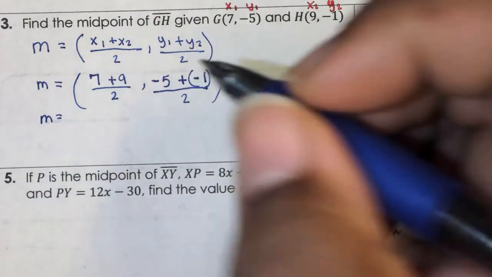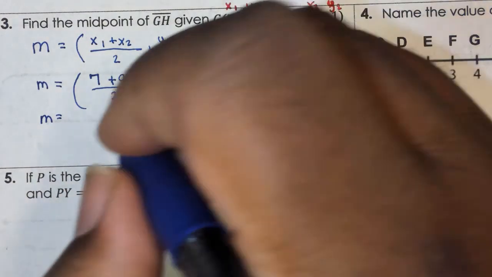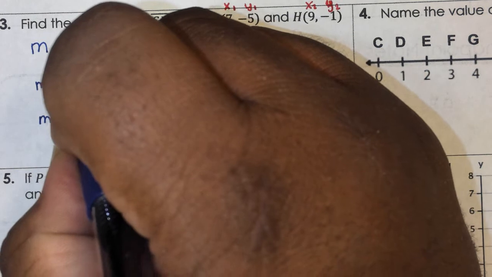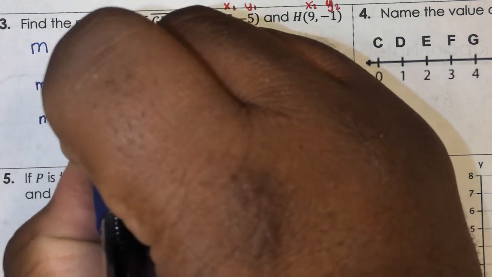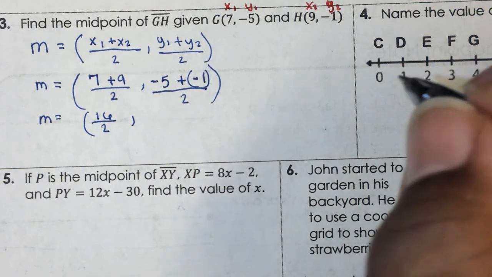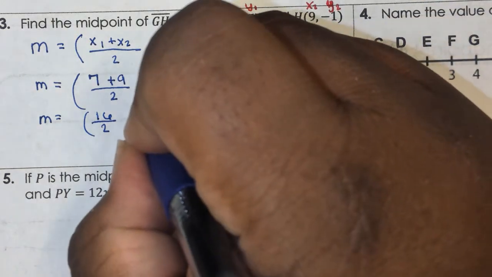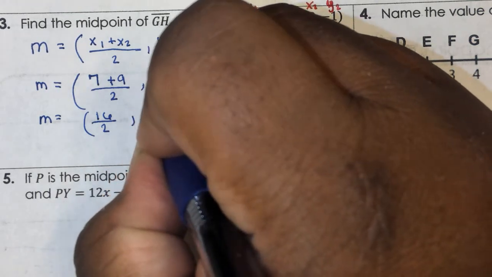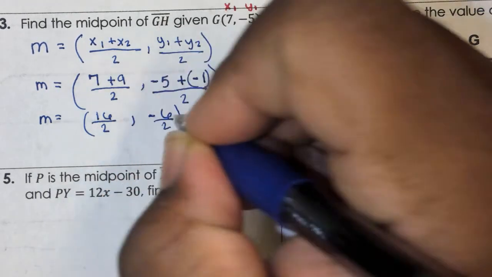Okay. Next line, I get 7 plus 9, which is 16. It's going to be 16 divided by 2. And then I get -5 plus -1, which is -6 divided by 2.